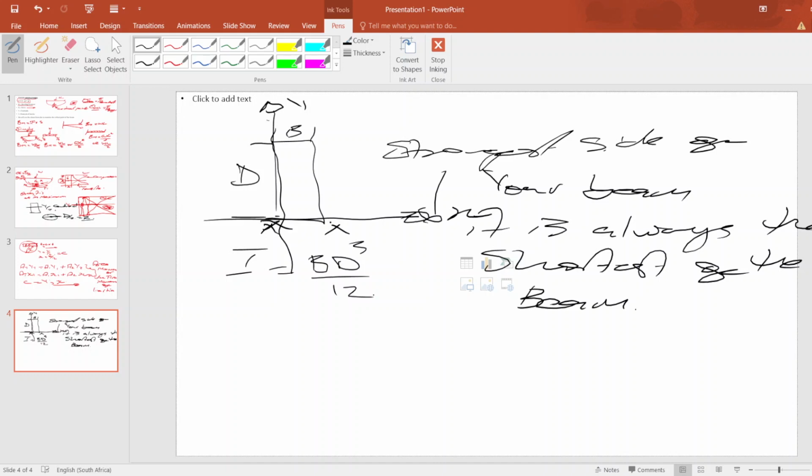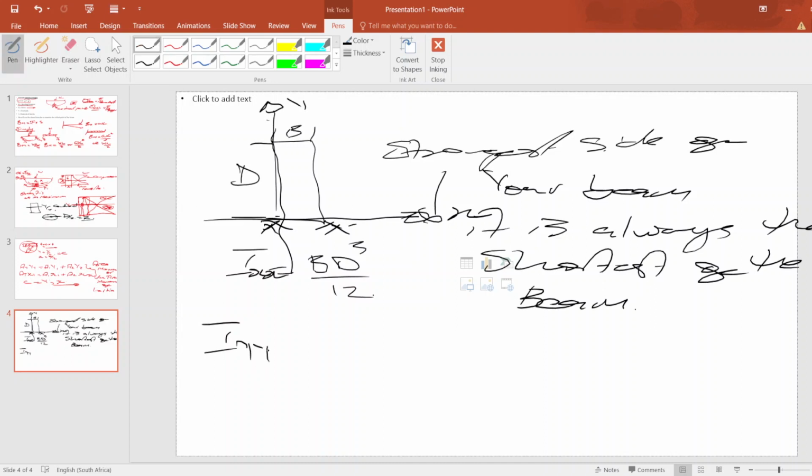Now if I've taken moment at x, I'm determining Ixx, and the Ixx is always the strongest side of your beam. Now if I've taken moment on the yy, it means I'm determining the weak side, and the weak side of the beam is always the longest side.